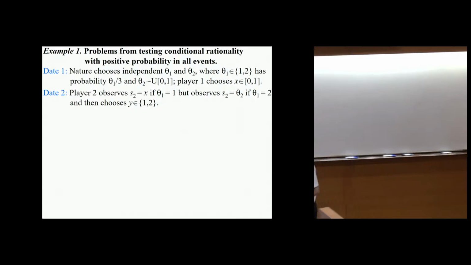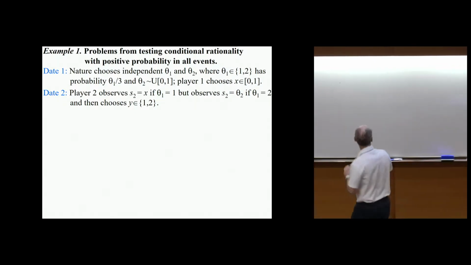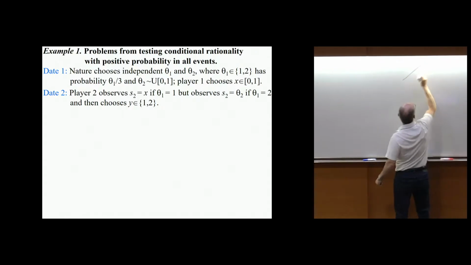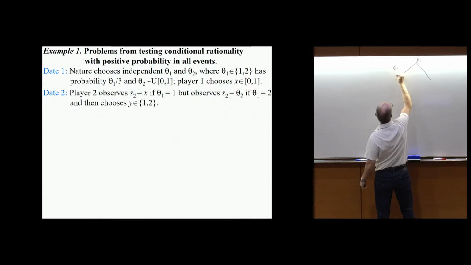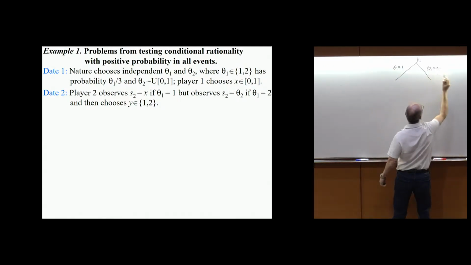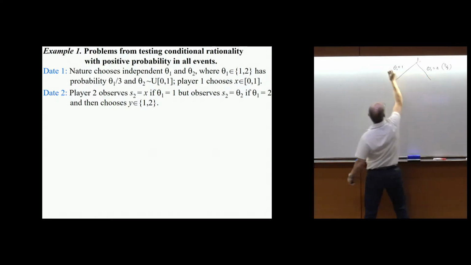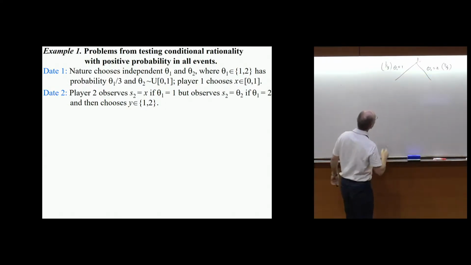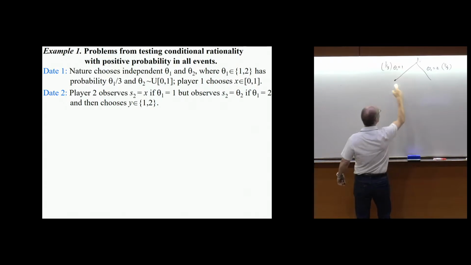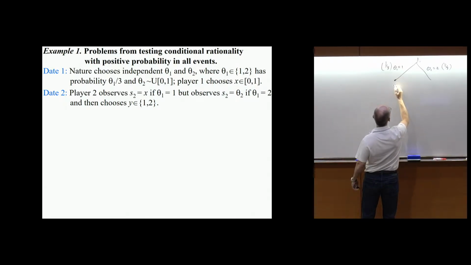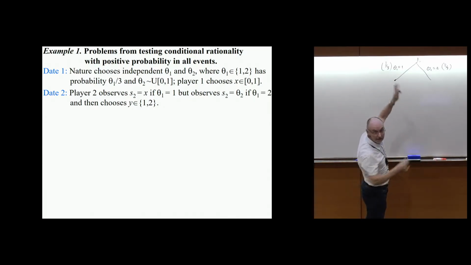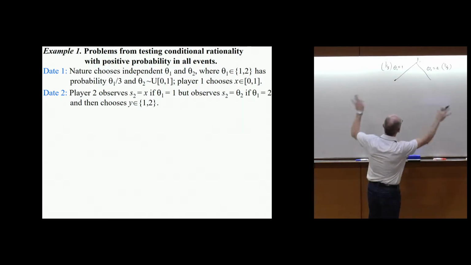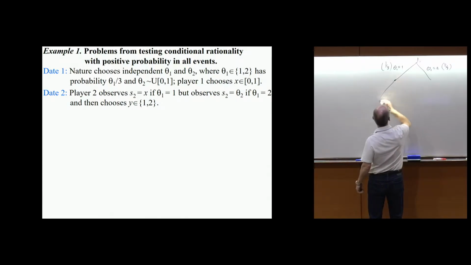Okay? So maybe a picture might help. It might not, but it might. So let's see. Nature starts, chooses either, and it'll look like it's not quite date 1 and date 2, but bear with me. Theta 1 equals 1, theta 1 equals 2. So this is probability 2/3, probability 1/3. If theta 1 is 1, I'm not quite drawing exactly, because it would be too big and the irrelevant details would be sitting around.